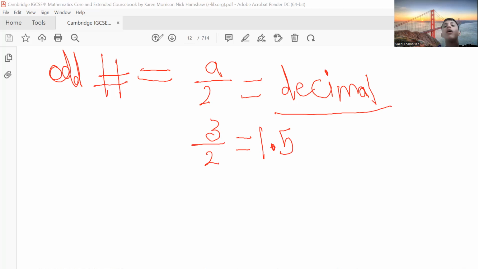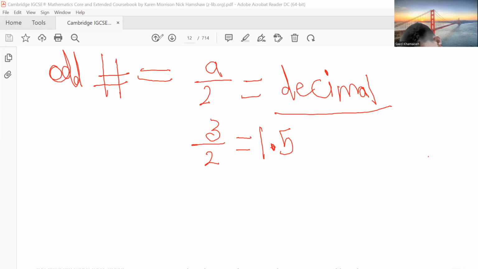The number that I divide by 2, not by 3. When I get 3 over 3, 1, it is not an odd number. So when I divide a number by 2, 2 is the rule, if 3 divided by 2 gives me a decimal, it is an odd number.